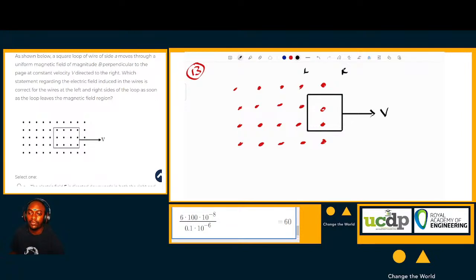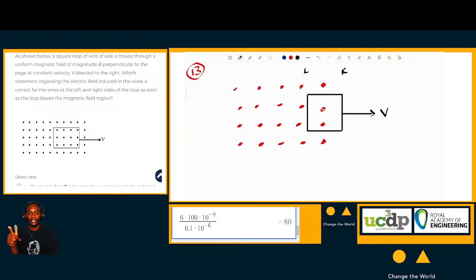Now, I prefer using the right-hand grip rule because that's what I find simpler to determine the direction of the induced current on the conductor on the left. So you've got your magnetic field pointing outwards, towards you.